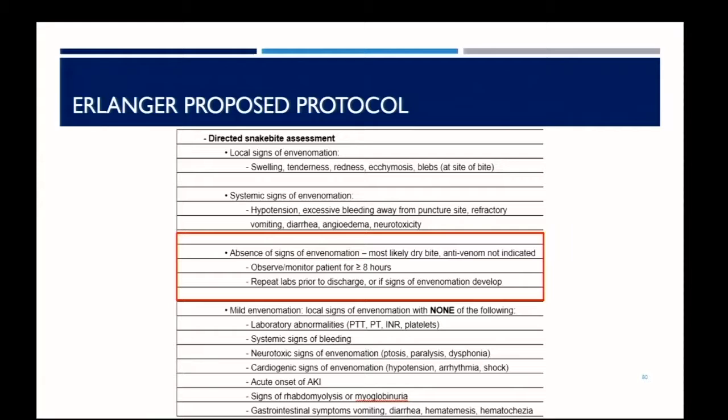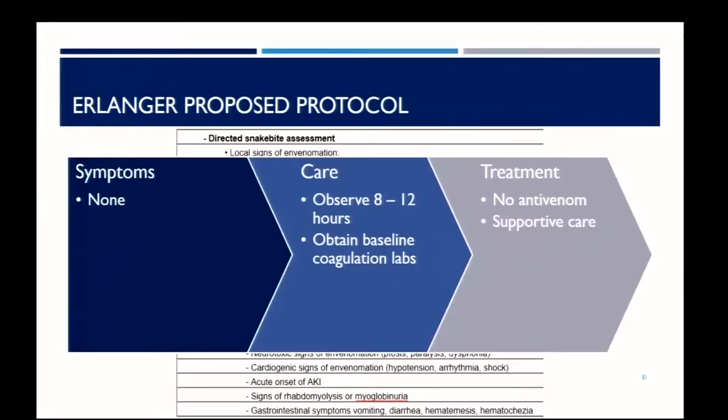And then there's a second part with a directed snakebite assessment. And I really wanted to reiterate that if there are no signs of envenomation, it's most likely a dry bite and no anti-venom is indicated, and you should just provide supportive care and observe these patients for up to 8 to 12 hours.